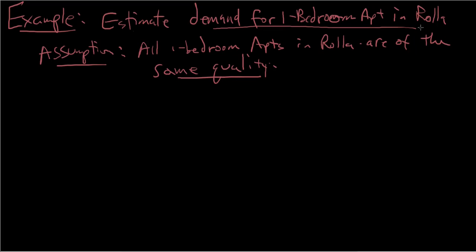That doesn't make much sense, right? But we can slightly change the question to get the buyer's willingness to purchase. One way to do that is I can ask, what is your maximum willingness to pay for a one bedroom apartment?